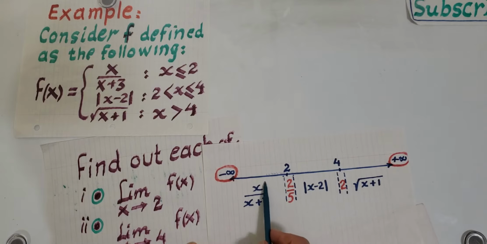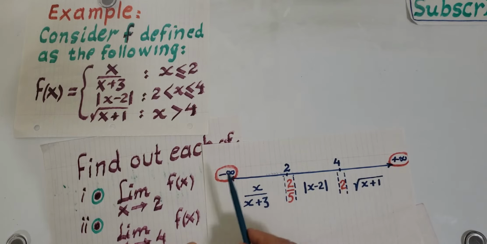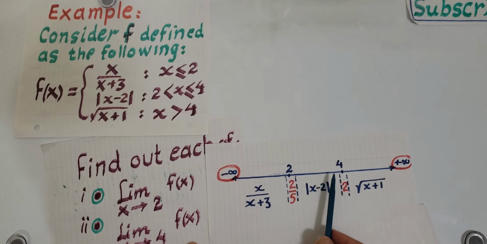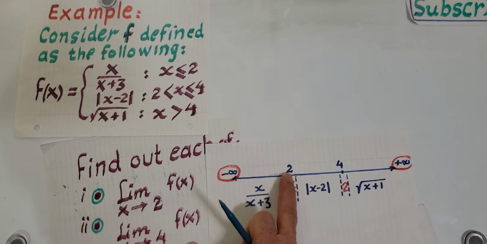That means this equation we will use for the limit from the left of 2, and this equation we will deal with when x approaches 2 from the right. So we have to get the limit from the left and the limit from the right at number 2.